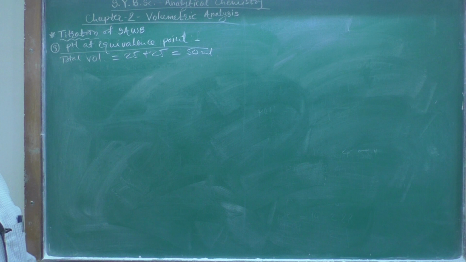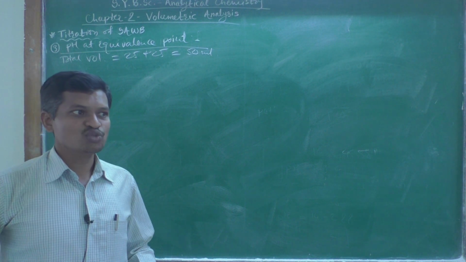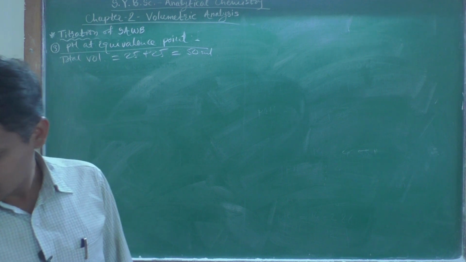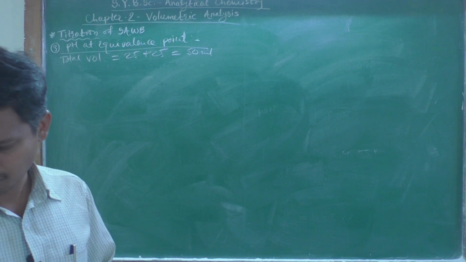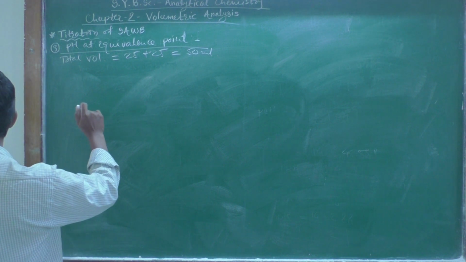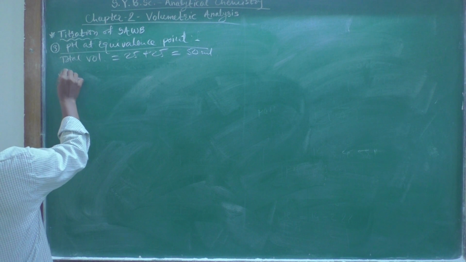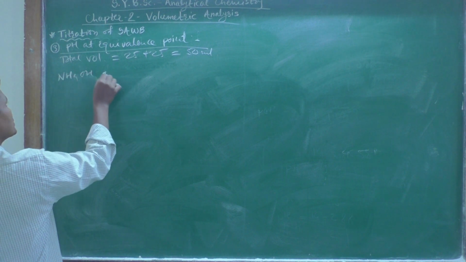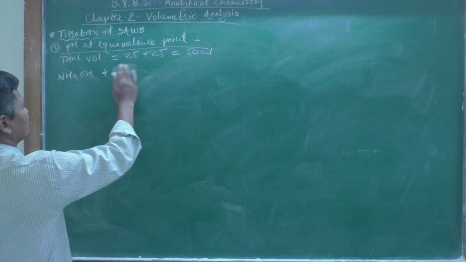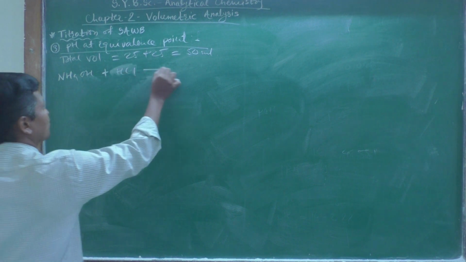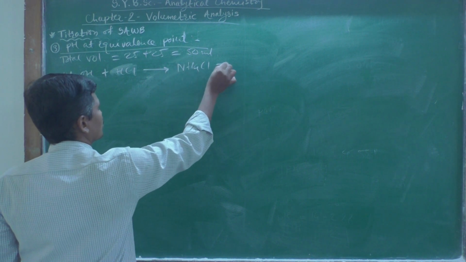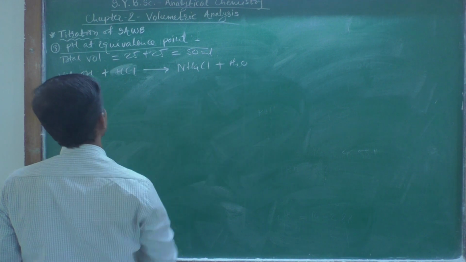Now as there is only salt and water present in this case, the neutralization reaction between them forming salt and water can be shown like this: NH4OH plus HCl forming NH4Cl plus water.